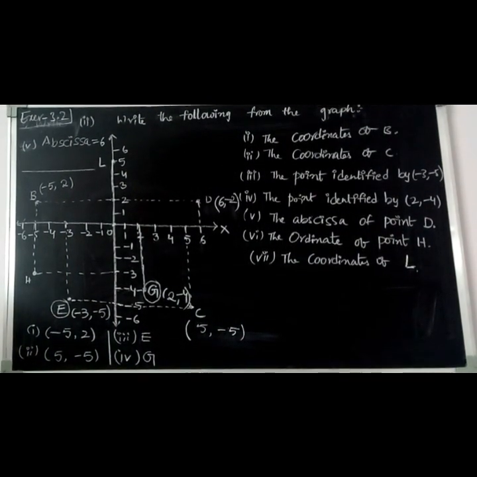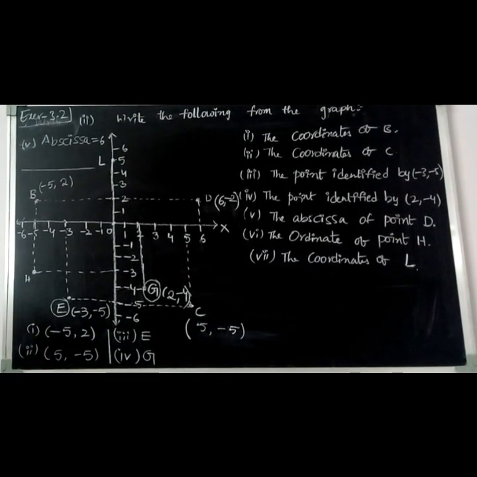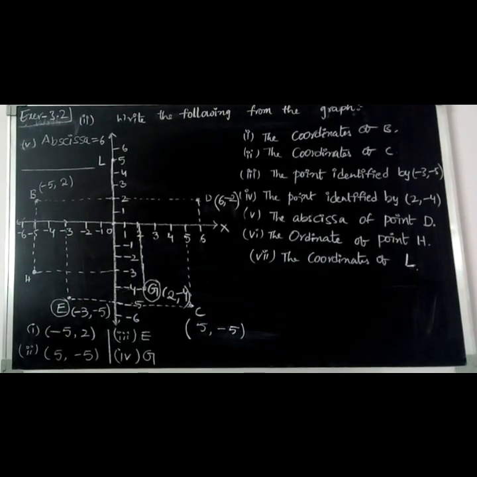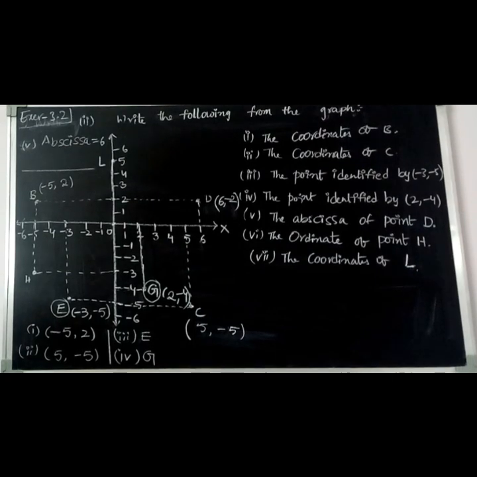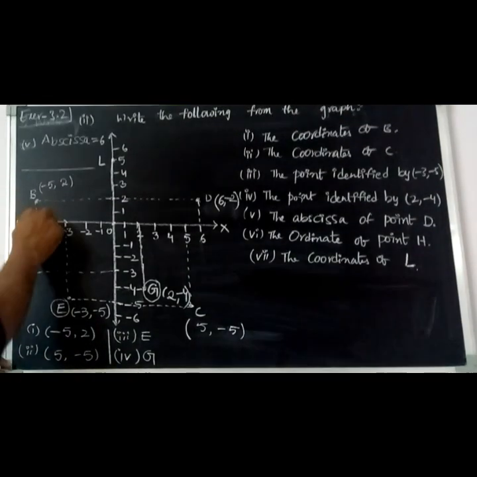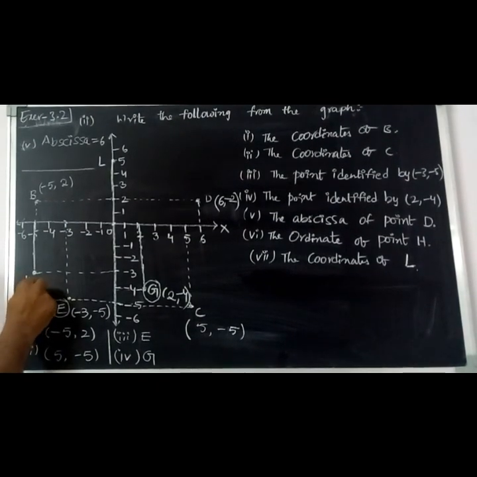Now let us see the sixth problem. The ordinate of point H. This is also like the fifth problem. There it was asked about abscissa, but in this problem they asked about ordinate. We have to find the ordinate of point H. Let us first locate point H here. On the x-axis we can see minus 5.